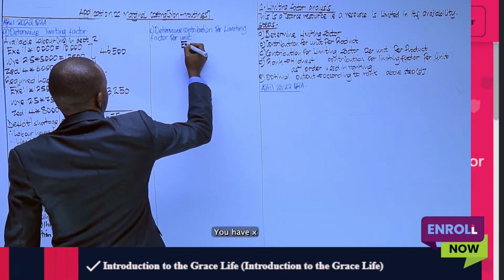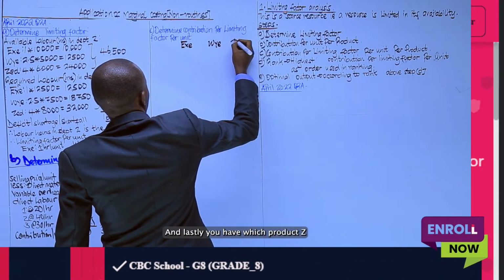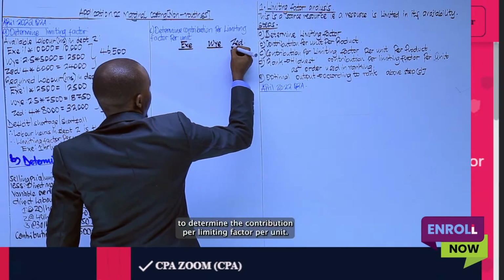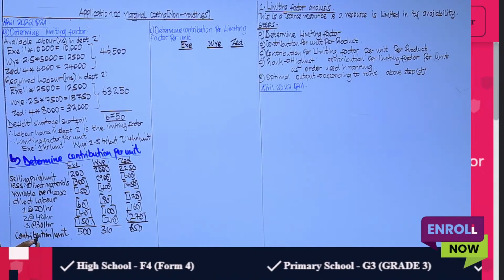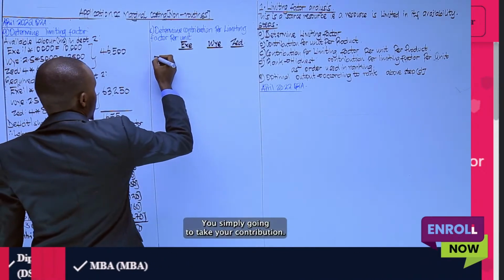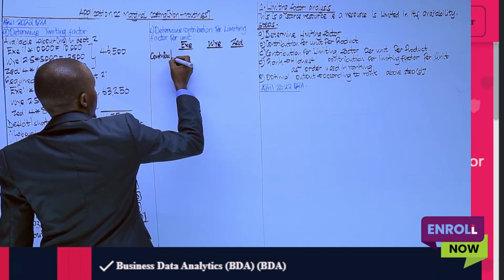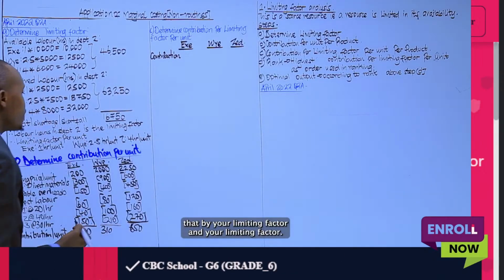You have X, you have Y, and lastly you have product Z. To determine the contribution per limiting factor per unit, you're simply going to take your contribution and divide that by your limiting factor.